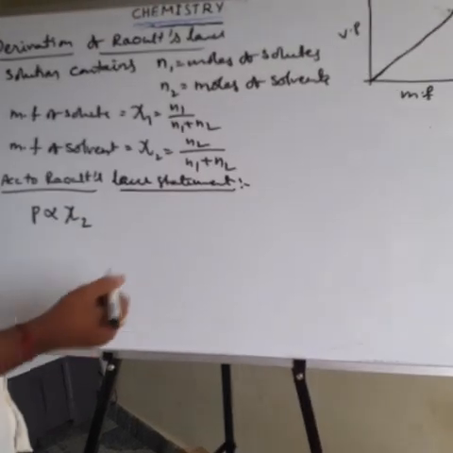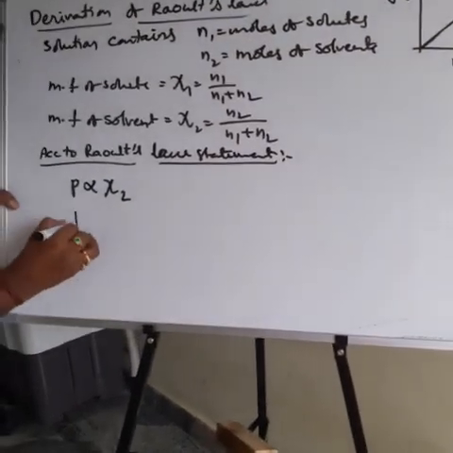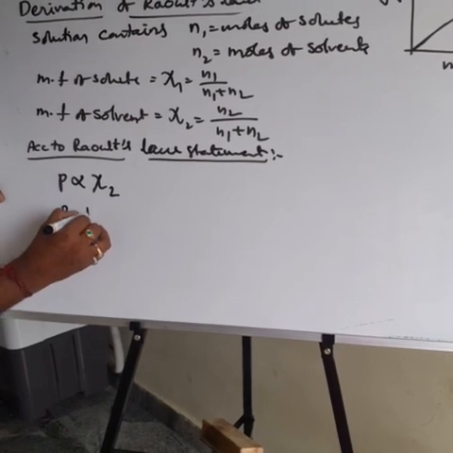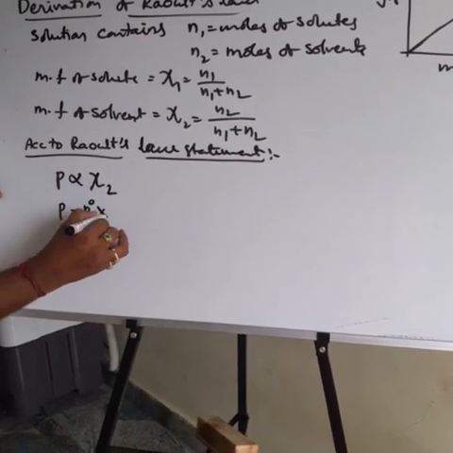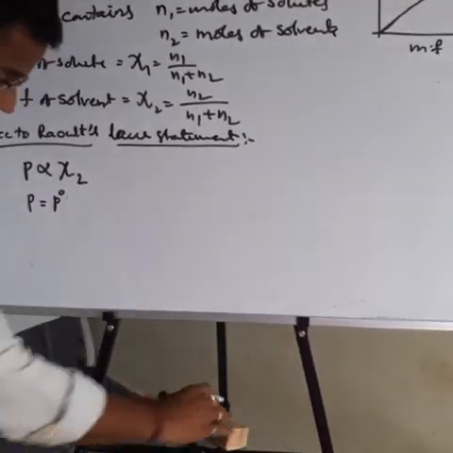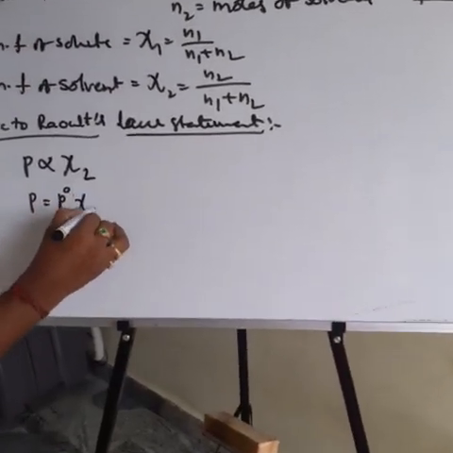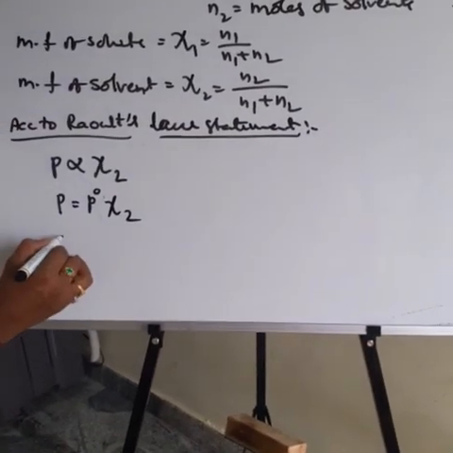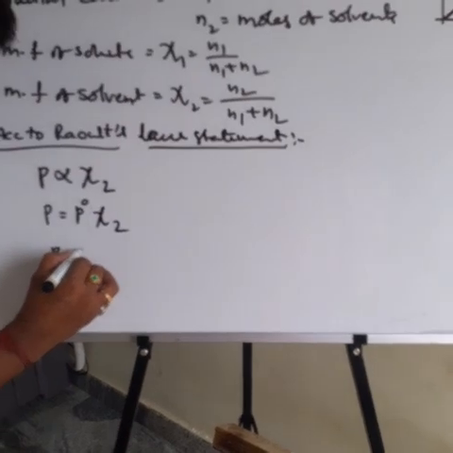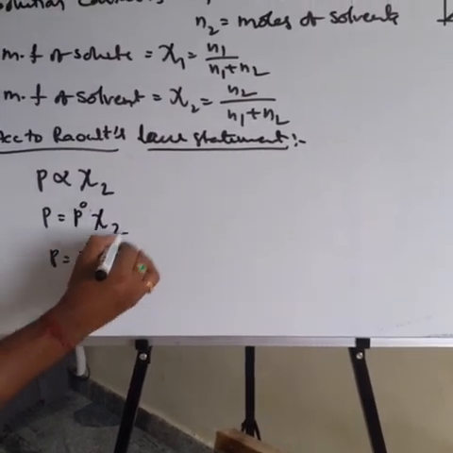Then next, remove the proportionality sign and put the constant: P is equal to P naught Xi2.